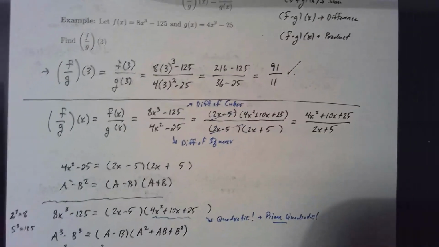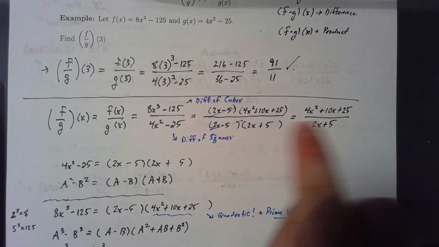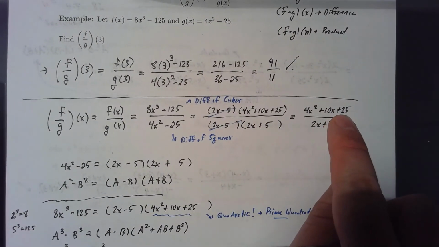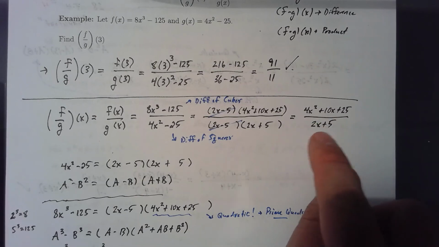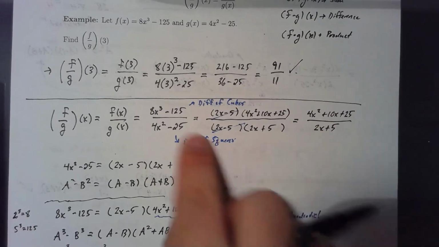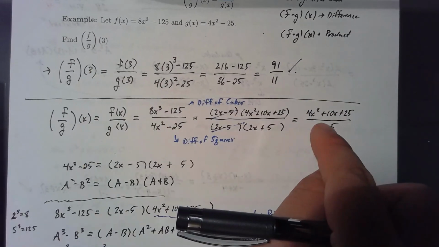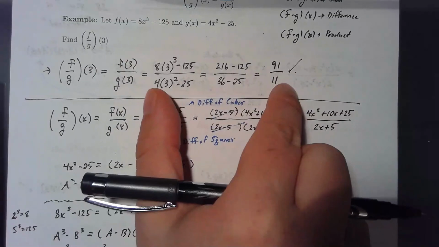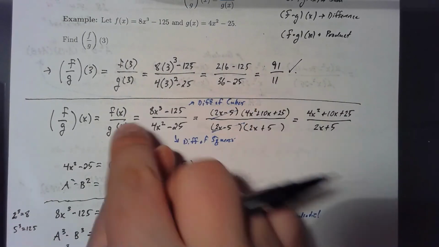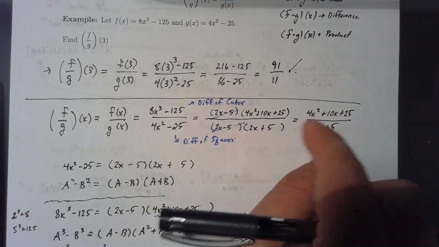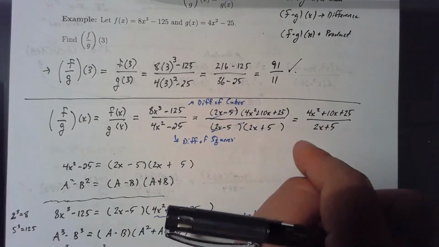So since this factored, I could evaluate 3 in this function now. So basically I could plug 3 in and get this, or I could write it this way and then factor it and then plug 3 in later.